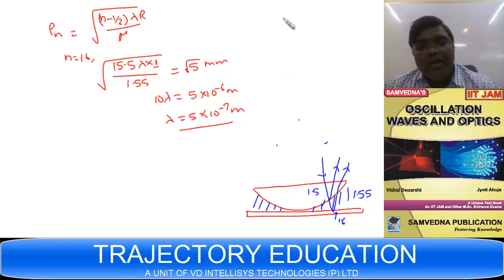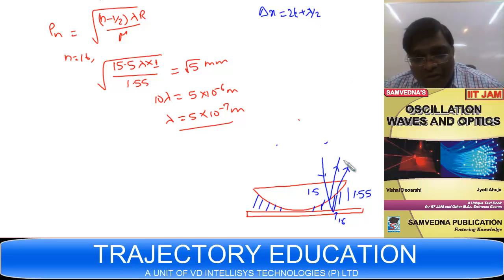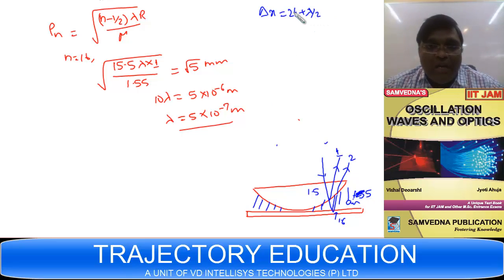If you remove the liquid, the path difference now is 2t plus lambda by 2, because ray number 2 will suffer a phase change of pi as it got reflected from a rarer to denser interface. This will be air. Apart from traveling a distance of 2t, it will also travel a distance of lambda by 2, due to the pi phase change upon reflection.